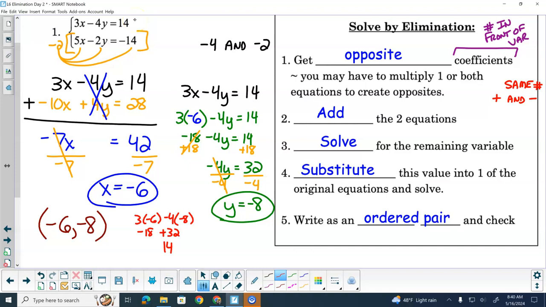Checks out in the first one. 5 times negative 6 is negative 30, minus 2 times negative 8 is positive 16, and negative 30 plus 16 is negative 14, which is negative 14. Checks out in both. Now we've earned the right to circle it. You will have the benefit of using a calculator when you do those at home.